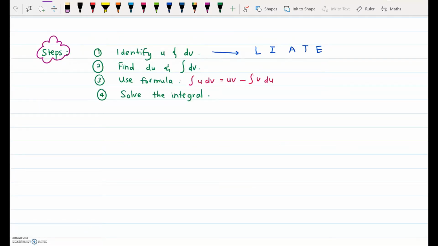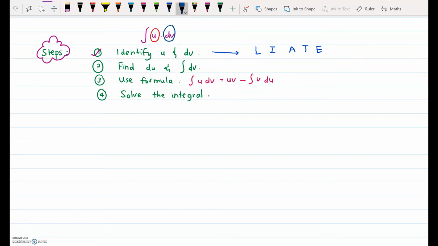Firstly, we will identify what is your u and what is your dv. Remember, the integrals in this topic are in the form of integration of u times dv, so we have to identify u and dv.